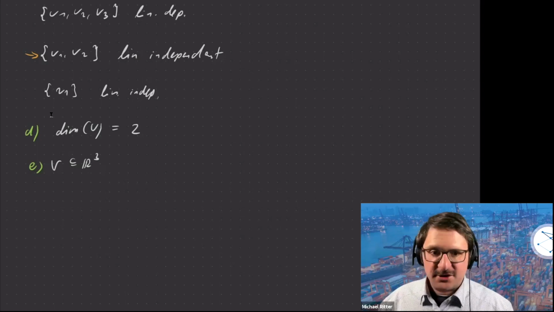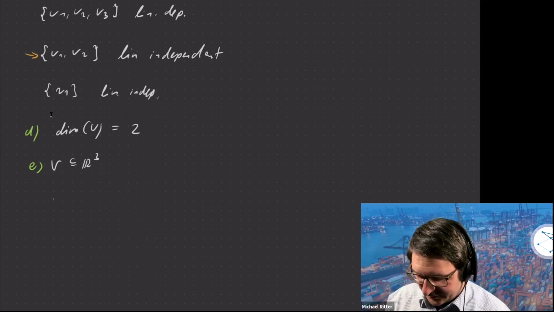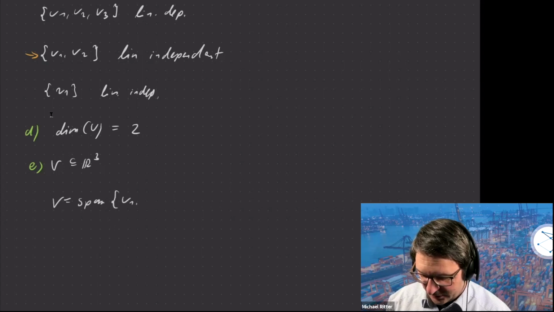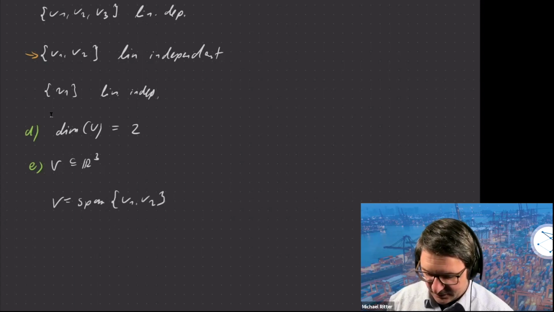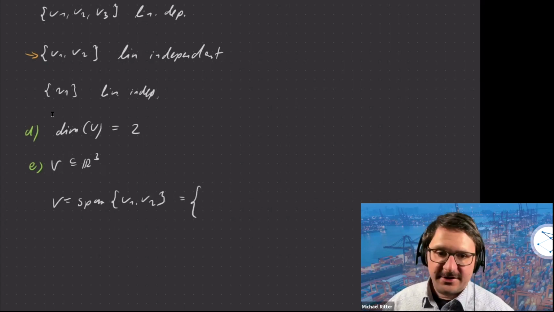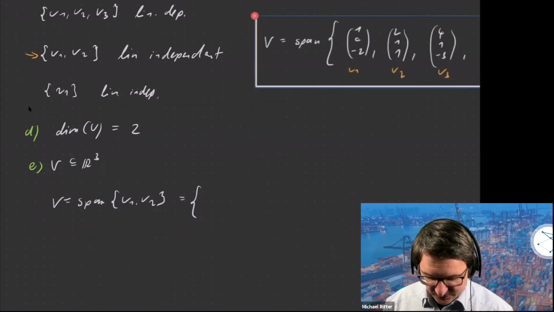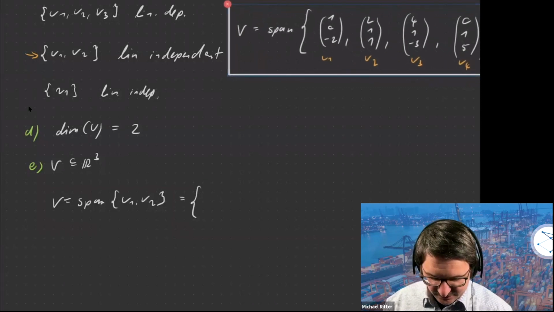And the task here is to find such a vector, any vector that you like. So basically, we can just take what we know about V so far. And we know that V is the span of two vectors, V1 and V2. So that means it's the set of all linear combinations of those two vectors. Let me copy those once again. So here's our vectors.